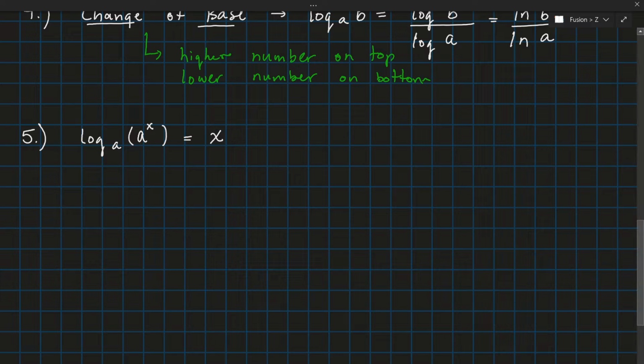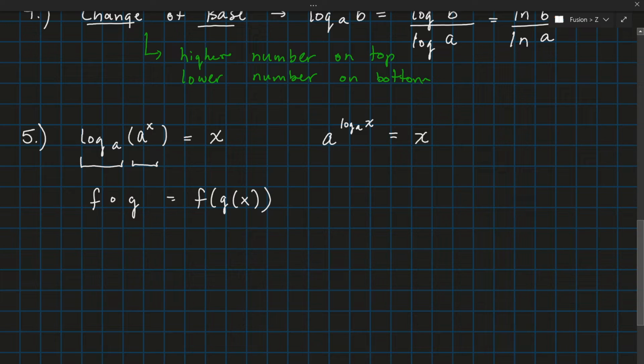In the same way, if we have A to the log base A of x, that is also x. It's because we have the log function and we're plugging its inverse inside of it. Do you remember composition of functions? You might have seen it like f of g of x, where you take one function and plug it inside the other one. Yes, that's exactly what we're doing. And whenever you do that with inverses, they cancel each other out.